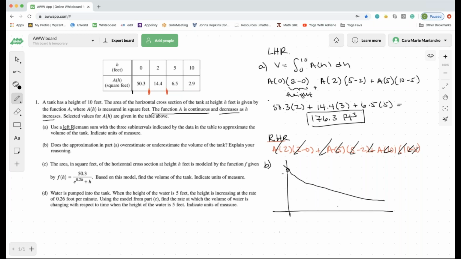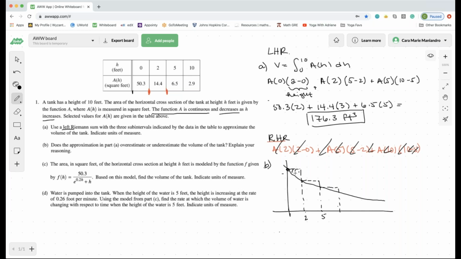I would go up to here and then over, and that might be my rectangle that I just drew. And then maybe this is 0.2. I go up and then I go over and down. And maybe that's 5, and I go up and over.